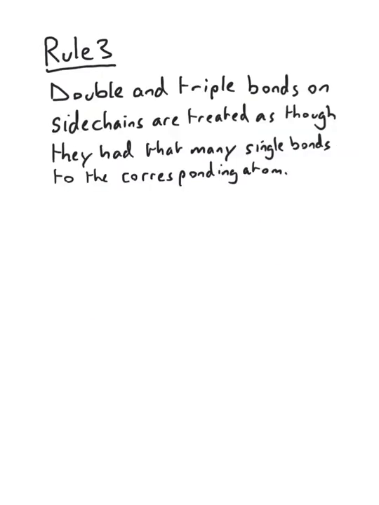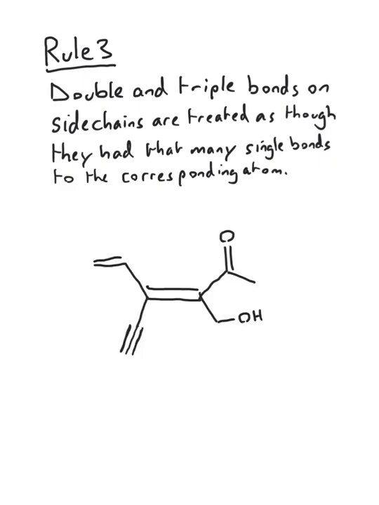Rule 3 states that double and triple bonds on side chains are treated as though they had that many single bonds to the corresponding atom. This one is easier to show rather than explain with lots of words. So as we can see here, on the left hand side, initially we have two carbons, so we gotta move along. The top one has a double bond, so that means that there are two carbons and a hydrogen bonded to that carbon.